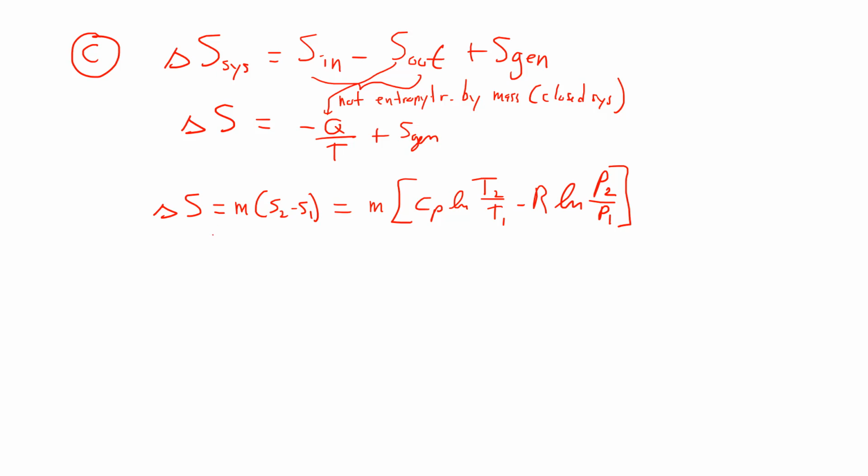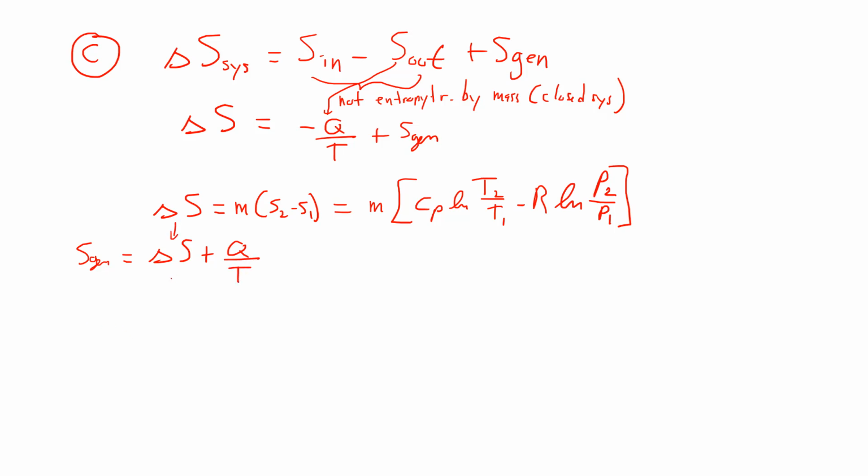If I take this equation and solve for Sgen, I get Sgen is equal to delta S plus the entropy transfer by heat.